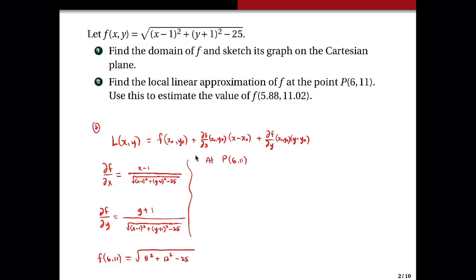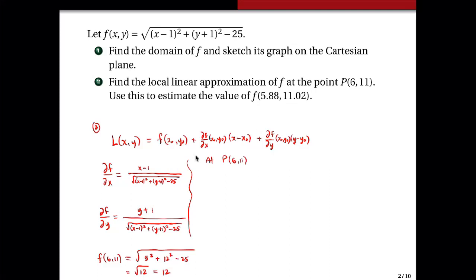So this is equal to the square root of 12 squared, which is just equal to 12. So this is nice.